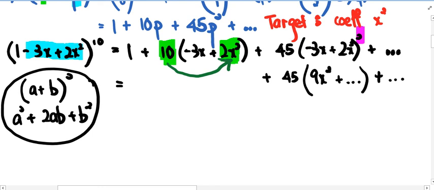The one in green, 10 times 2 will give me 20x squared. In fact, do you notice in my second line, I only want those terms in x squared? Now, let me simplify it. Alright, 45 needs to multiply by 9.